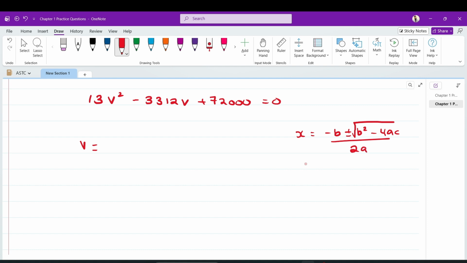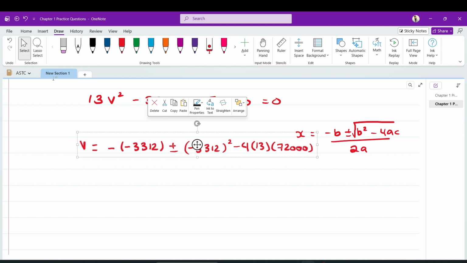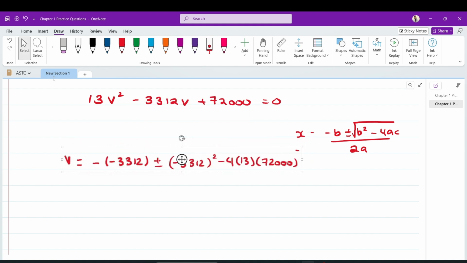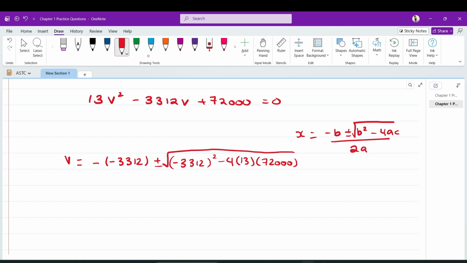So in our case, this will be minus times minus 3312 plus minus the square root of minus 3312 whole squared minus 4 times 13 times 72,000, over 2 times 13.